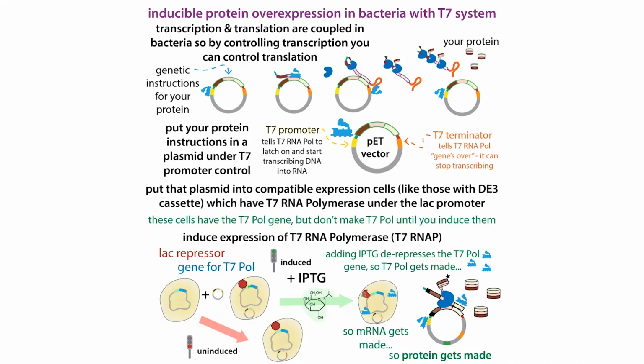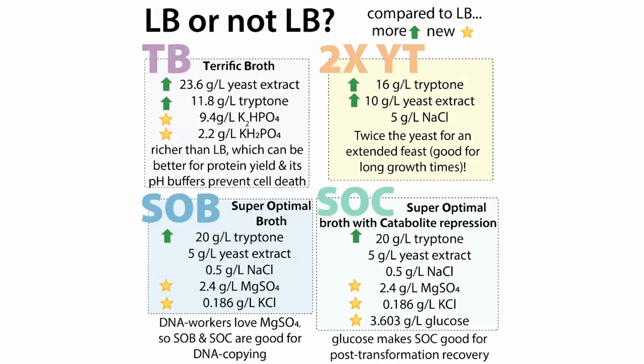It can change what type of food the bacteria start using. And so by adding extra glucose, you're going to help prevent the buildup of those products that occur when the glucose is running low. And this is going to help promote the bacteria to keep doing things as normal and being very active. And so super optimal broth with catabolite repression can help with that.